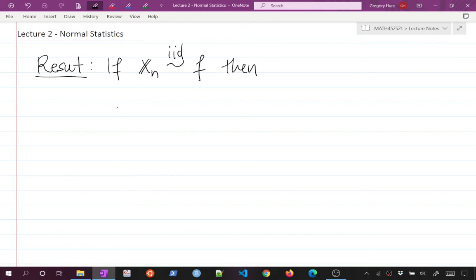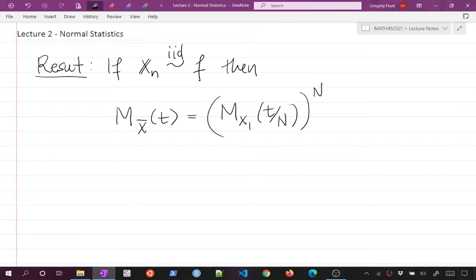Then, if I look at the moment generating function of X bar, so MGF of X bar at t, this is the moment generating function of any of them. I'll pick one, but they're all the same, evaluated at t over n to the nth power. Again, capital N here is my sample size, right?